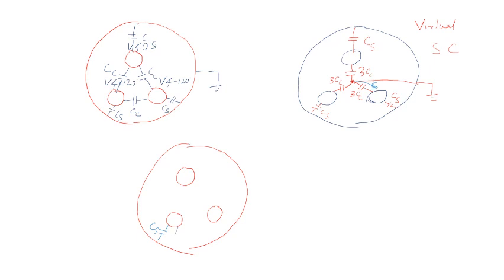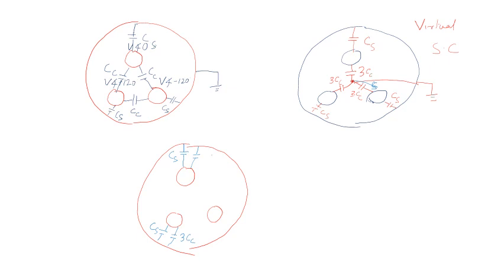Now what happens? There are two types of capacitances. One capacitance is CS, and the other capacitance is 3CC, by assuming the virtual short circuit.